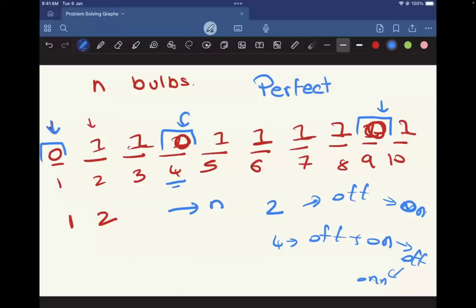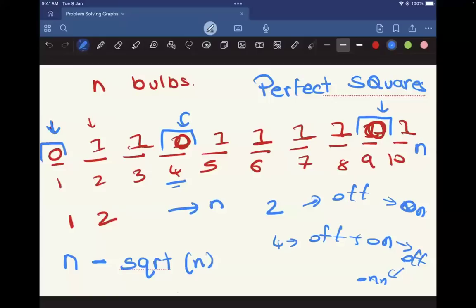Yes or no? So for a particular n, the total number of light bulbs on in the end is nothing but n minus the number of squares from 1 to n, which is nothing but the square root of n.